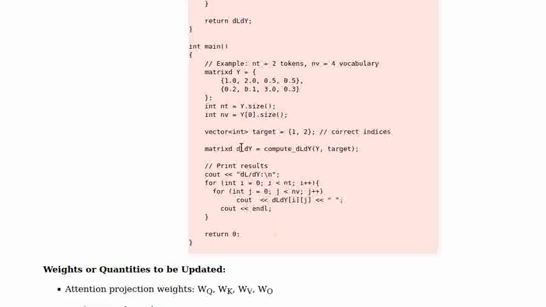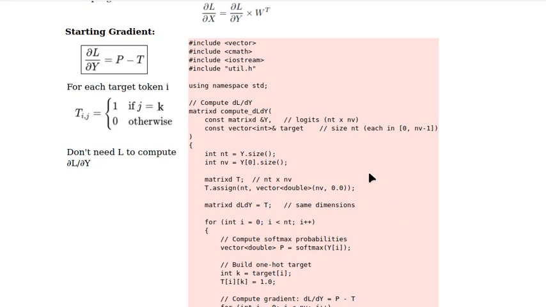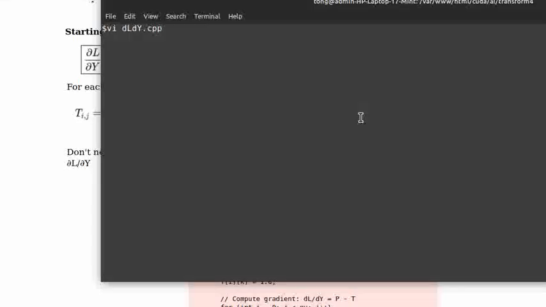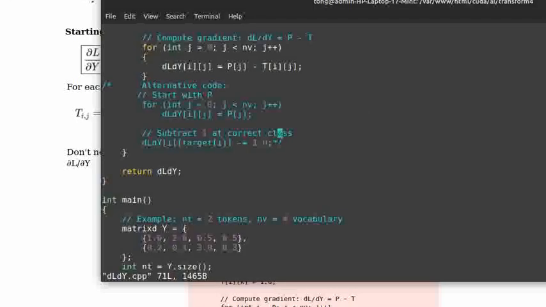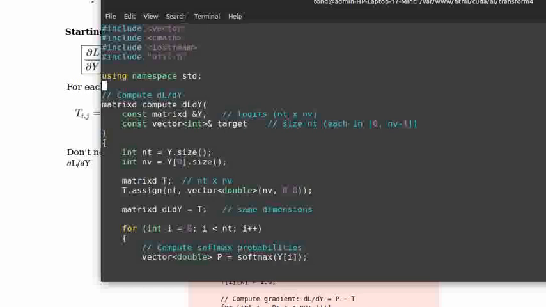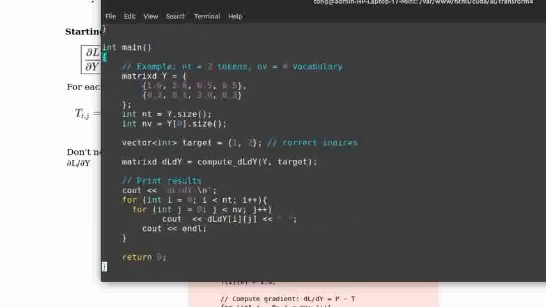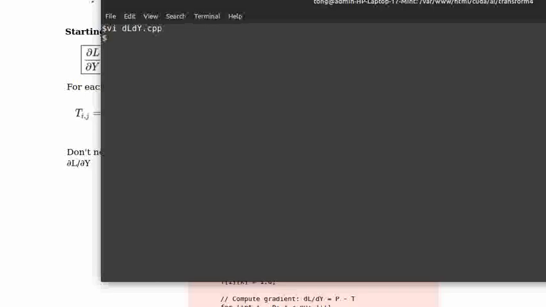Now this is a main program for testing this routine. Now let's try this. We've copied this program to this file, dL dY, and now we can compile that. We have also copied the utility programs that contain the softmax function.